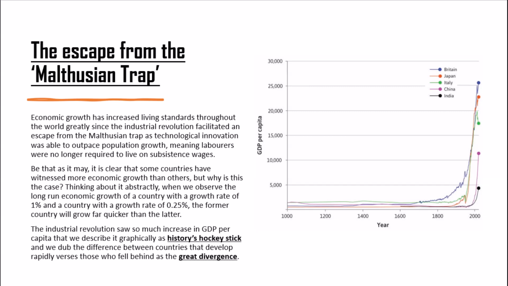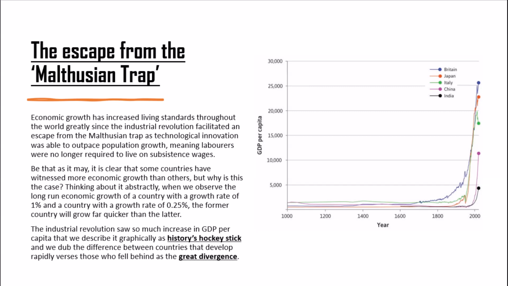Now, if we look at the fact that India and China are put much lower than Britain, Japan, and Italy on this graph, we describe this as the Great Divergence, as Britain, Japan, and Italy had much higher growth rates during the Industrial Revolution than China and India, although they're obviously catching up nowadays.